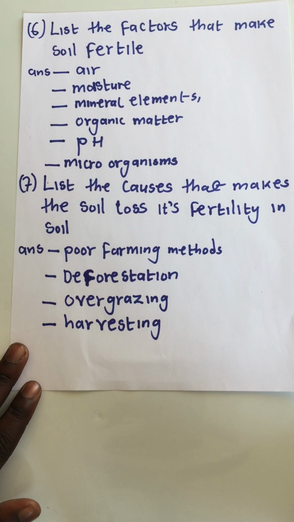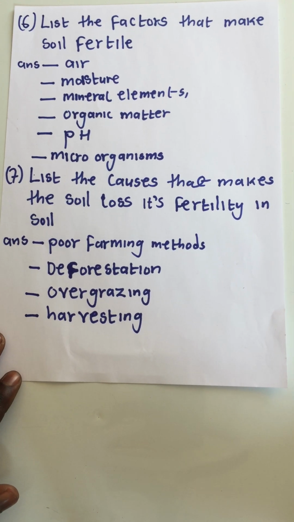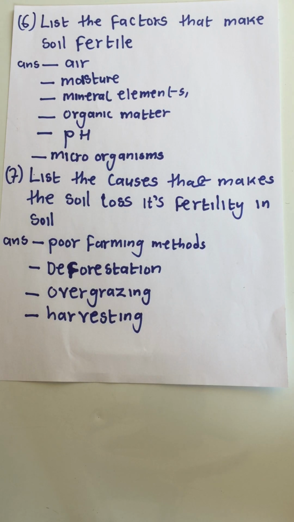We come to number 7. Number 7 reads as, list the causes that make the soil lose its fertility. What makes the soil to lose its nutrients?